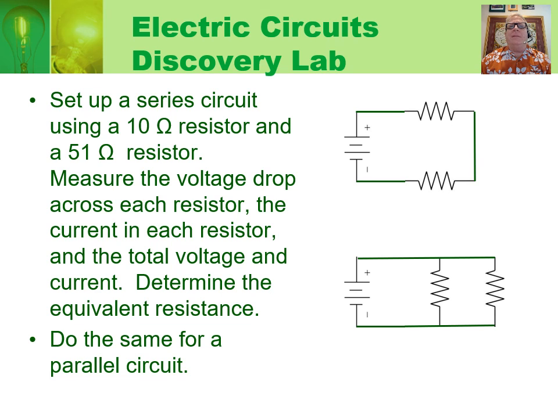And then doing the same for the parallel circuit with the same 2 resistors, but now put them in parallel and measure the voltage drop across each resistor and the current in each resistor's branch, and then the total circuit voltage and current. And also determine the equivalent resistance. So you would divide the total voltage of the circuit by the total current flowing in the circuit.